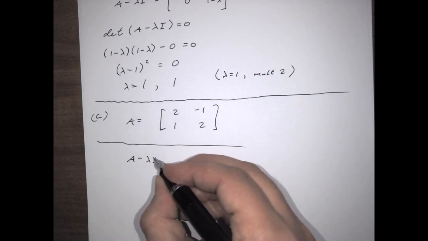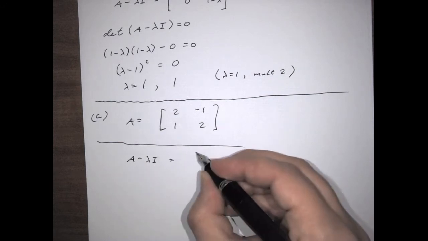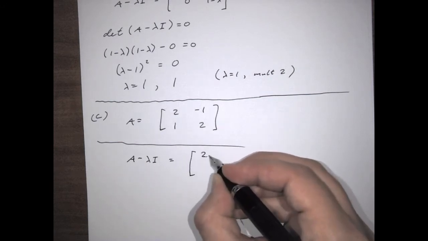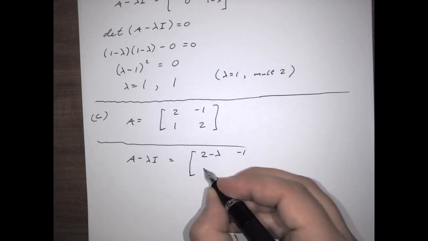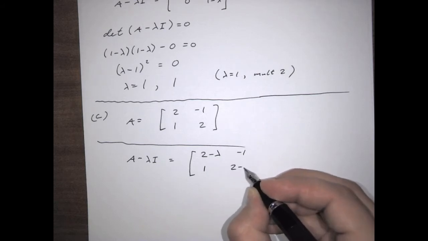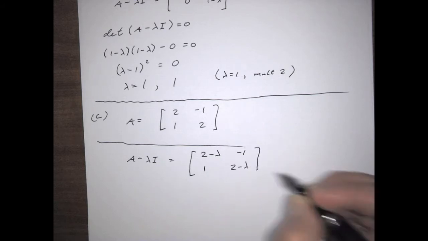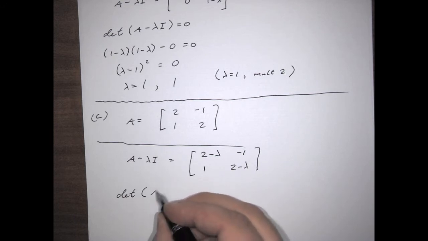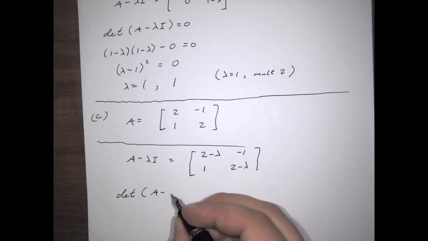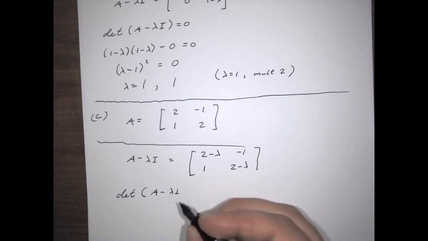So A minus lambda I will be 2 minus lambda, negative 1, 1, and 2 minus lambda. And to set up the characteristic equation, we have to take the determinant of that and set it equal to 0.